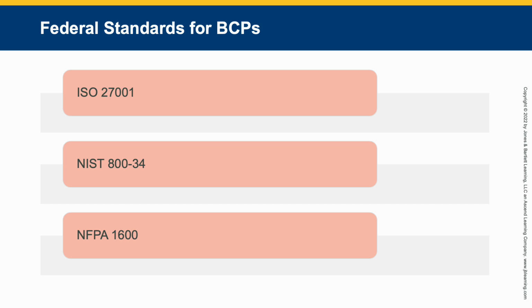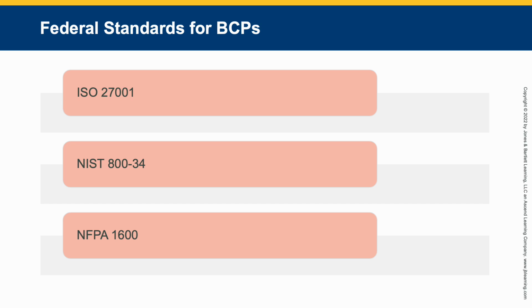The standard provides a comprehensive framework for managing information security and can help the company enhance its resilience to cyber threats and other disruptions. Now let's look at the NIST 800-34 application.